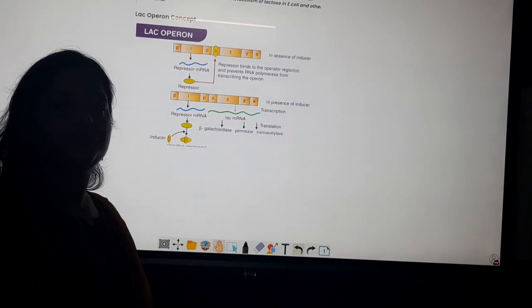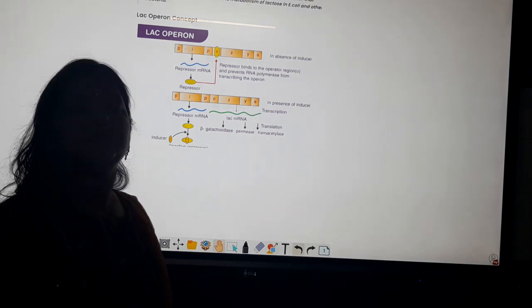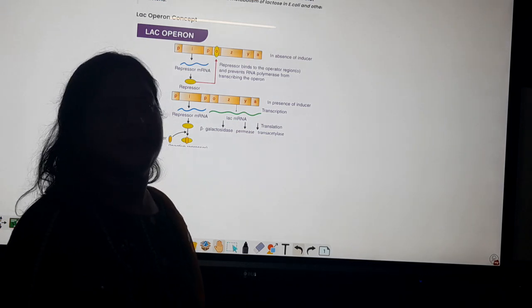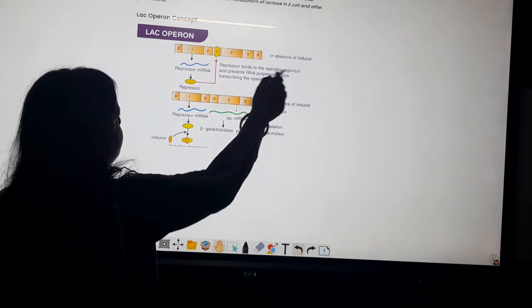A number of genes together function with a single promoter, which have a promoter region and code genes for the transport and metabolism of lactose in E. coli. In that E. coli, lactose will be metabolized and it is transported inside the E. coli cells with the help of these genes.